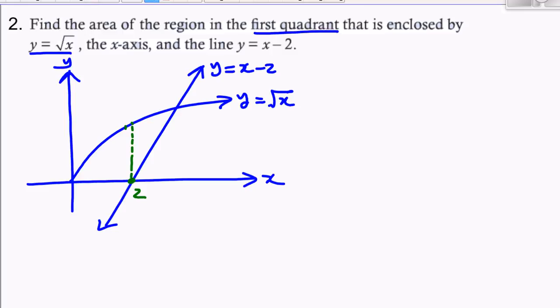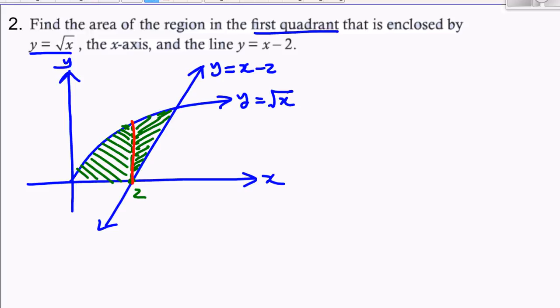We want to find the area enclosed by these two curves and the x-axis. So we want to find the area of this part here and this part here. We just want to find the area of the shaded part. But there's a reason why I'm dividing these into two areas.